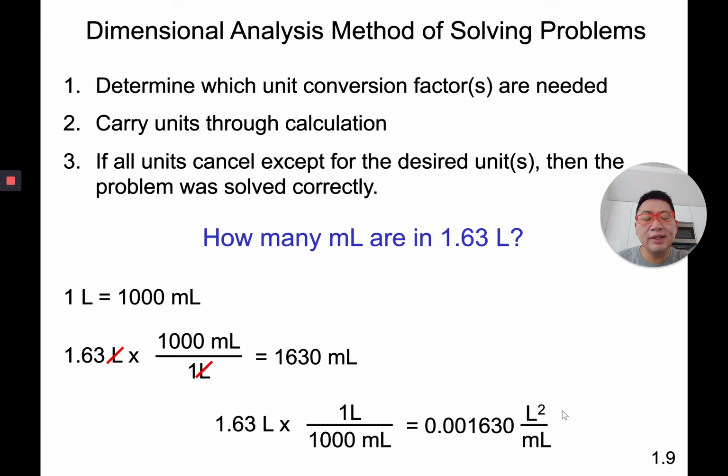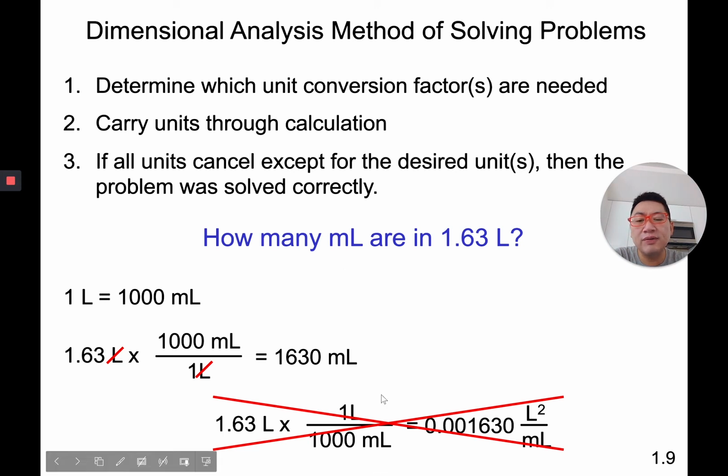At the end, I'll be left with the units liters squared per milliliter. So you can't do that because the question didn't say how many liters squared per milliliter it is. The question said how many milliliters. So if you accidentally flip this, what's called the conversion factor, you're going to get the wrong answer at the end.